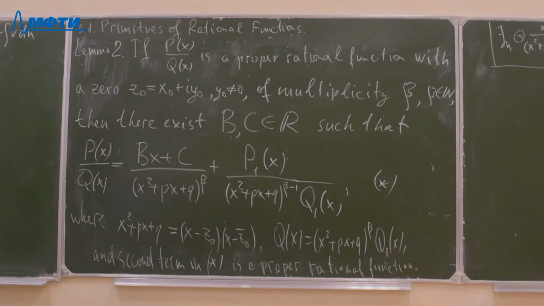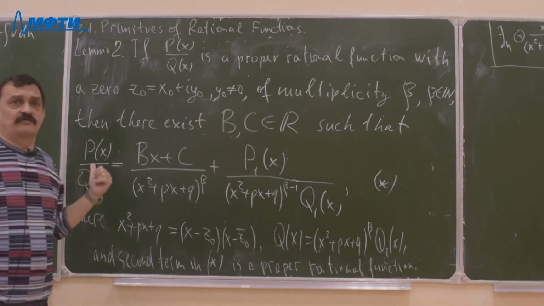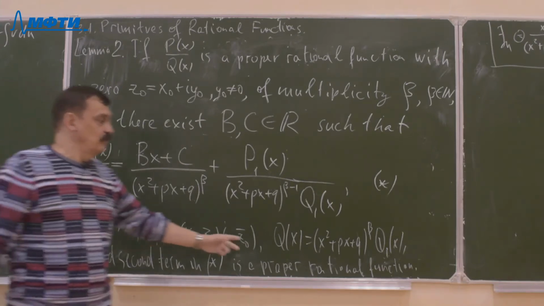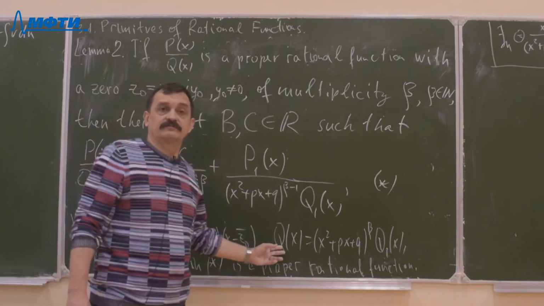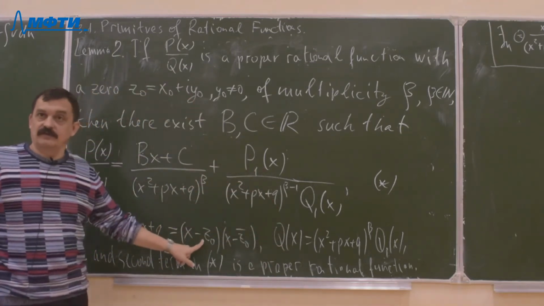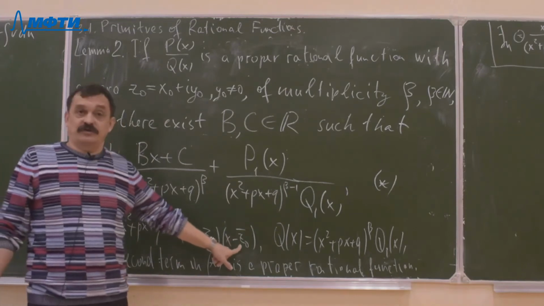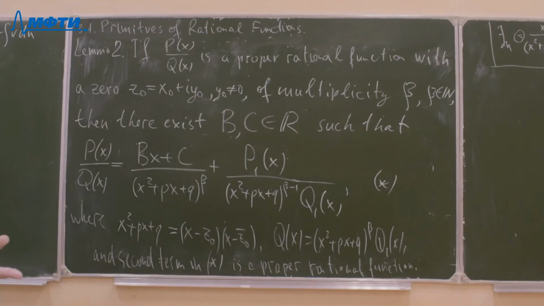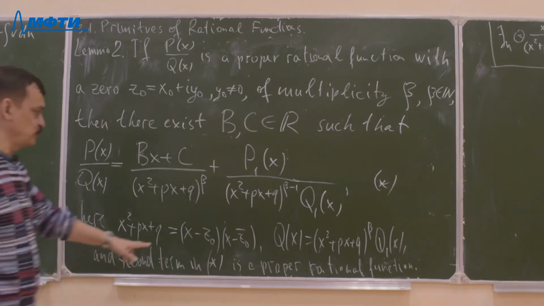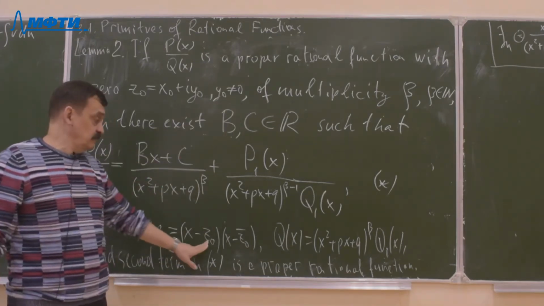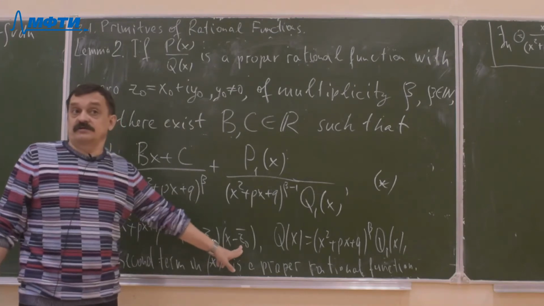Then we know by one of the lemmas of a former section, right, that if you have a real polynomial Q of x, and it has a complex zero z naught, then the conjugate z naught bar is also a zero of this polynomial. That is what we know. If we have a real polynomial, then for sure, together with a complex non-real zero z naught, it also has zero z naught conjugate.